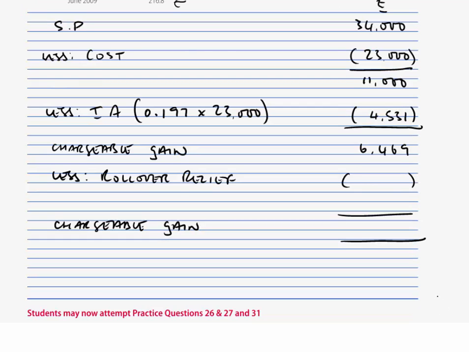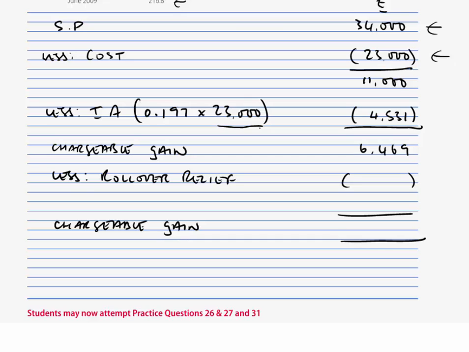Okay, well, the basic calculation of the gain, therefore, I hope was straightforward enough for you. The proceeds, the insurance proceeds there, 34,000, the allowable cost 23,000, get the unindexed gain accordingly. From which unindexed gain we deduct the allowable indexation allowance. Now we know that that will be based on the allowable cost of 23,000.